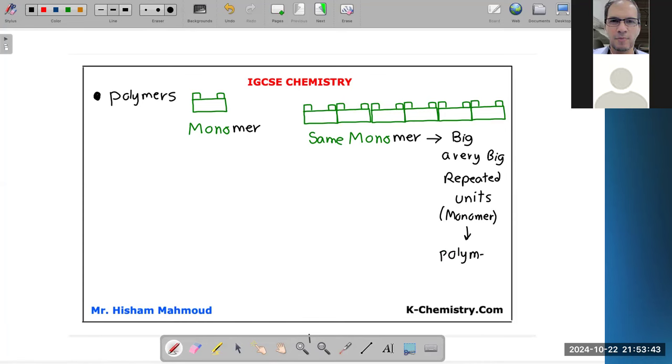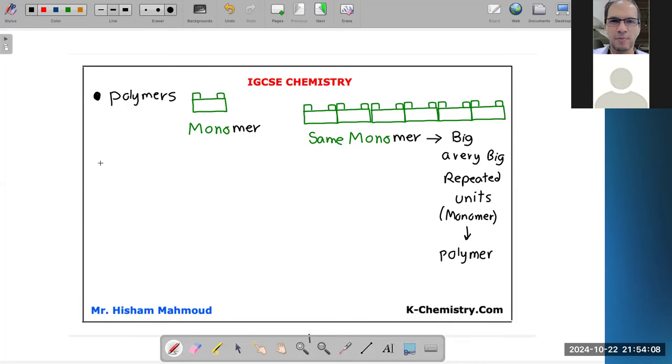So the polymer is the monomers repeated many times, the same monomers repeated again and again. How many? It will be 100, 1000. It's a very long chain, like a very long necklace made of monomers. So this is basically the polymer and its definition. Monomers joined together to make polymers.